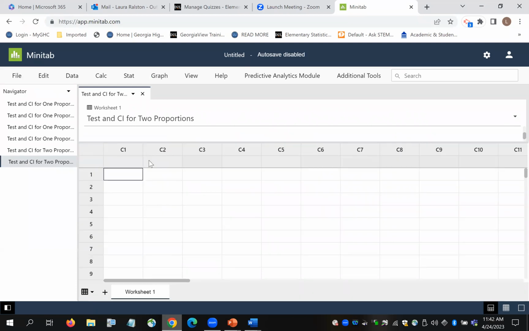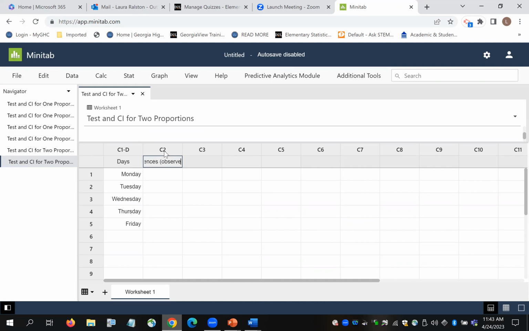Okay, so I'm in Minitab. In the first column, I'm going to put the days. So I have Monday, Tuesday, Wednesday, Thursday, and Friday. Then in the next column, I'm going to put the number of absences. And you may want to indicate that this is your observed.